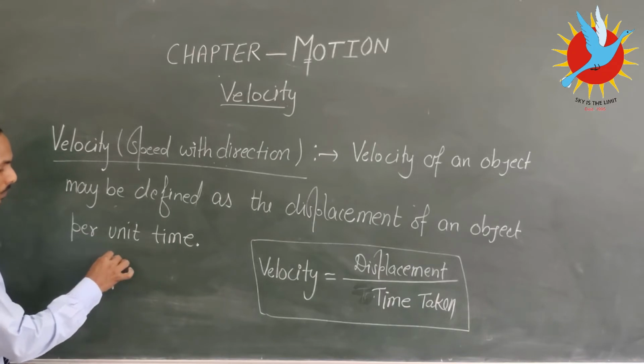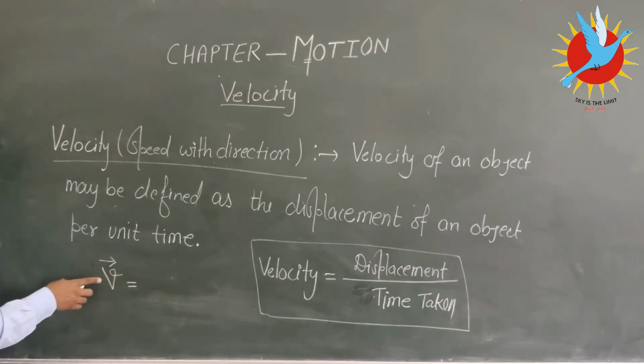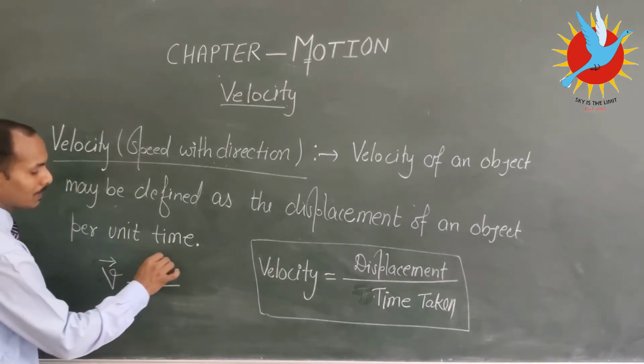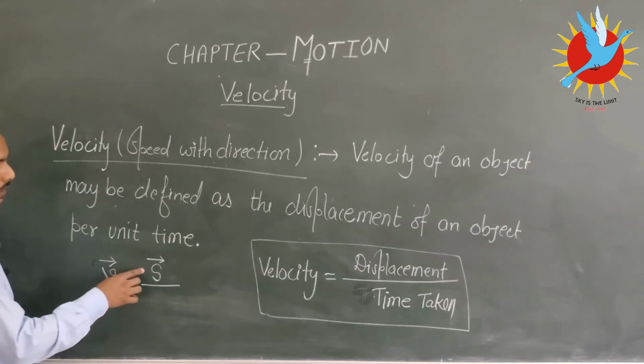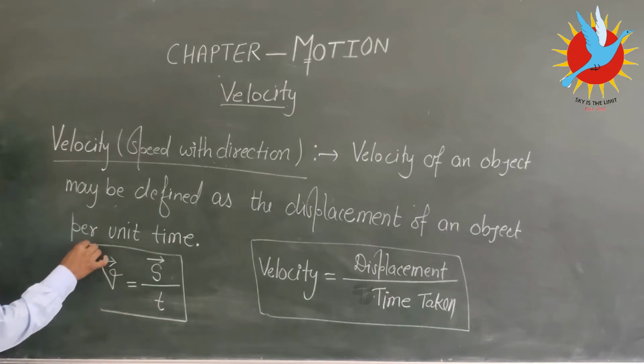In short form, how do you write it? V is velocity. Since velocity is a vector quantity, I write an arrow over it. So it becomes displacement upon time, and displacement is also a vector quantity.